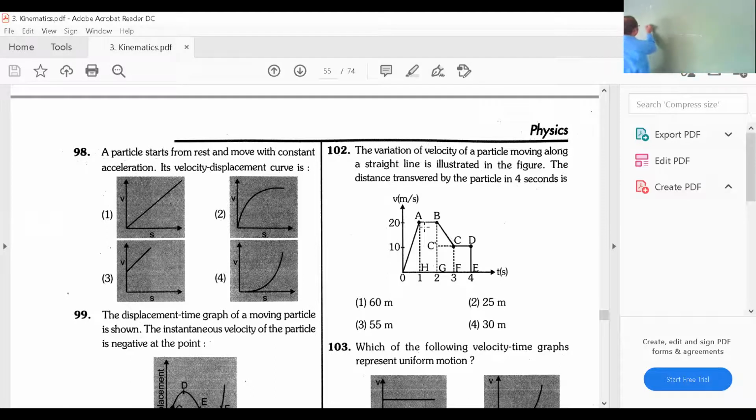Here 10, here 20 given, in meter per second. 1, 2, 3, 4: 1 second, 2 seconds, 3 seconds, 4 seconds. This is time in seconds, and this is velocity in meter per second. Now, how is the graph? A, B, 1, 2.